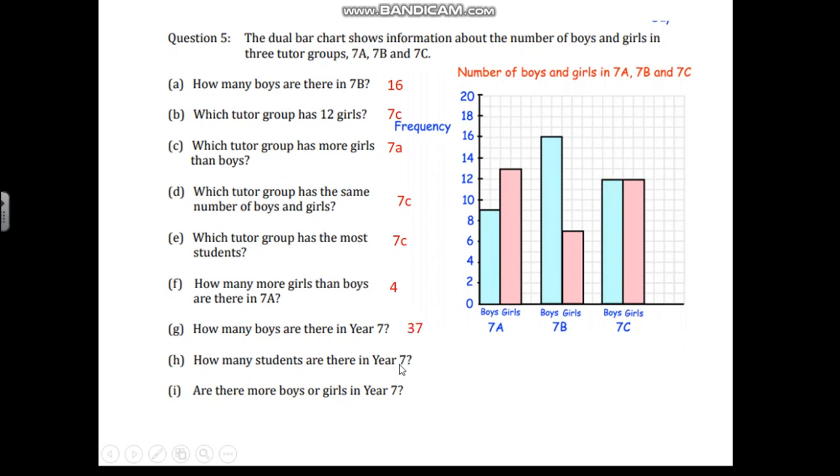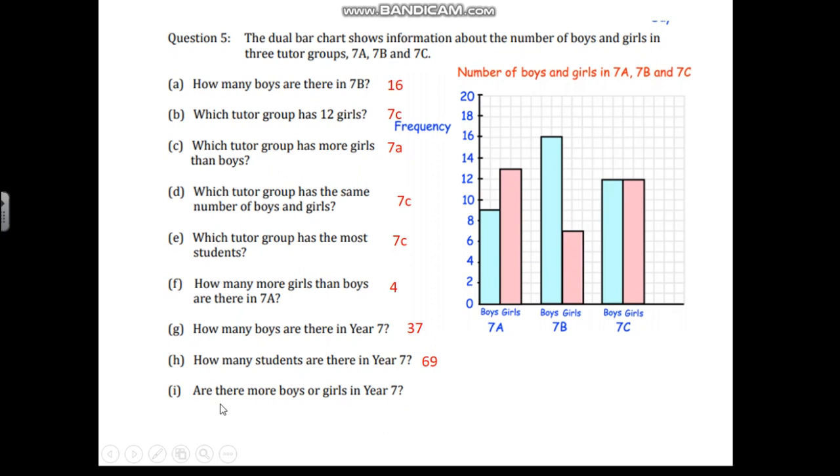How many students in year 7 in total? Okay, so we've already worked out this is 22, this is 23, this is 24. So 20 plus 20 plus 20 is 60, and then I've got 2 plus 3 is 5, plus 4 is 9, so that's 69.